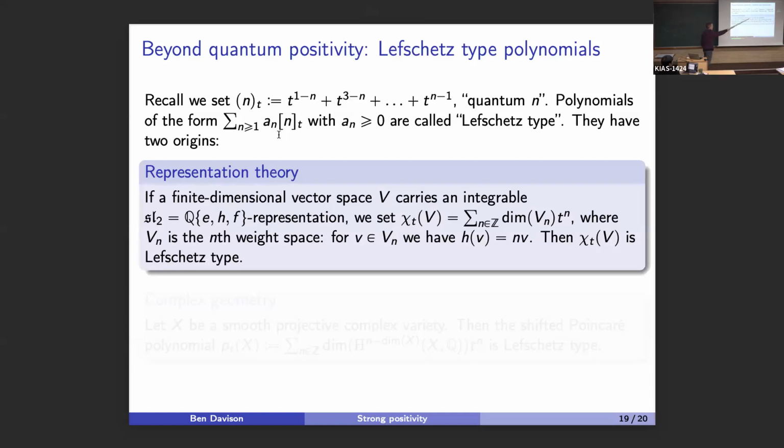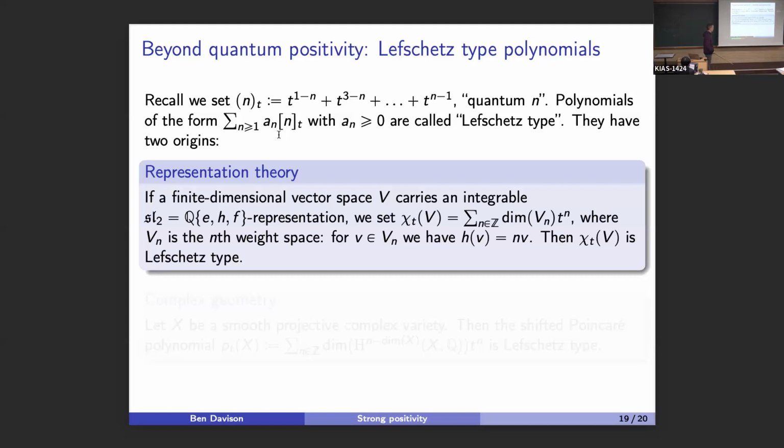If a finite dimensional vector space V carries an integrable SL2 representation, and we take its characteristic function, so we go through the weight spaces with respect to the Cartan, take the dimensions and record them in this polynomial, then, well, quantum n, for n going from 1 to infinity, those are the characteristic functions of the simple integrable SL2 representations.